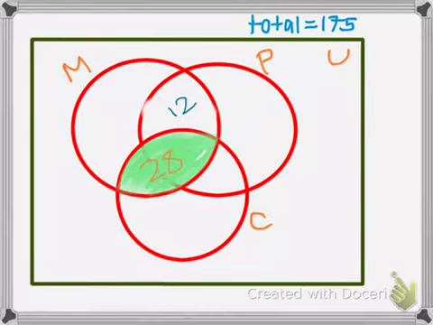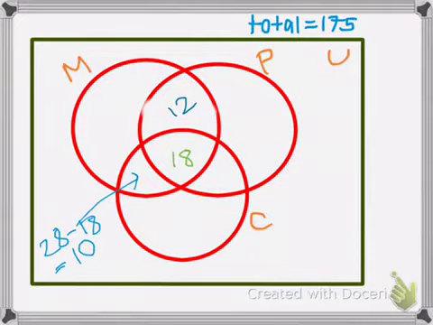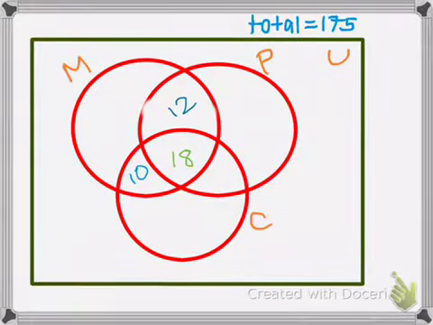But to find only this section, students studying only maths and chemistry, we have to subtract it from the overall intersection part, which is 18. So this subtraction gives 28 minus 18, and this gives 10. So students studying only maths and chemistry is 10.